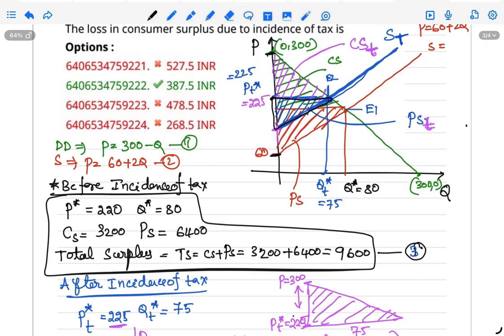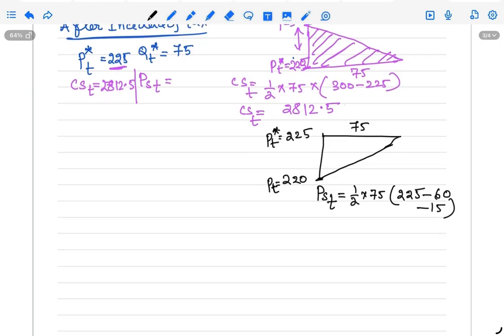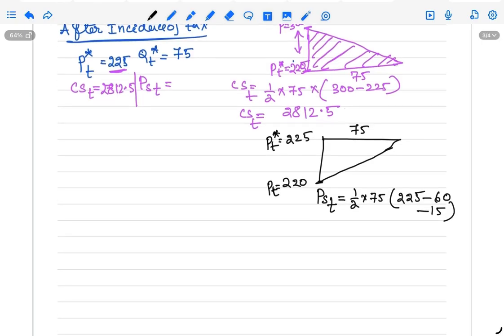We want this distance of the blue color triangular area. So how do we find it? This is the incidence of tax. Tax is 15 rupees. That is 225 minus 60, this distance, minus 15 tax. So that is half times 75 times 225 minus 60 minus 15.